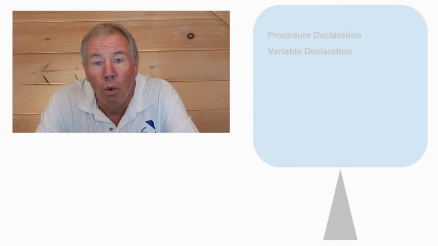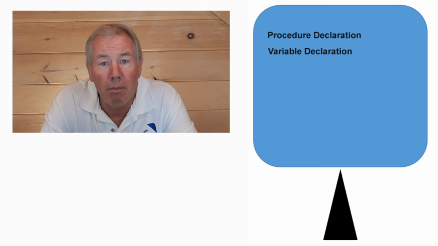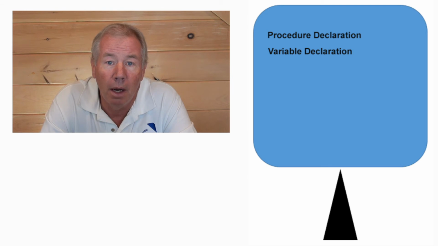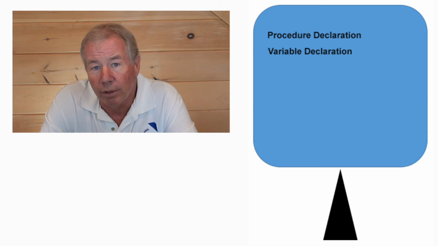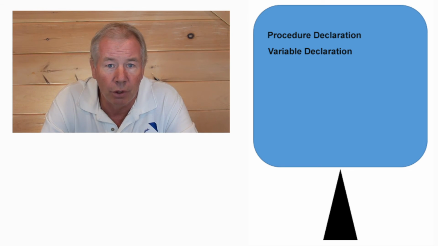We next looked at how to declare variables: variable name and then either a specific data type, percent type, which points to a field within a table, or a percent rowtype, which points to an entire row within a table. Please remember on that percent rowtype, you don't get any of the constraints associated with the true table row definitions. So those not nulls, defaults, RIs, things like that do not come along.